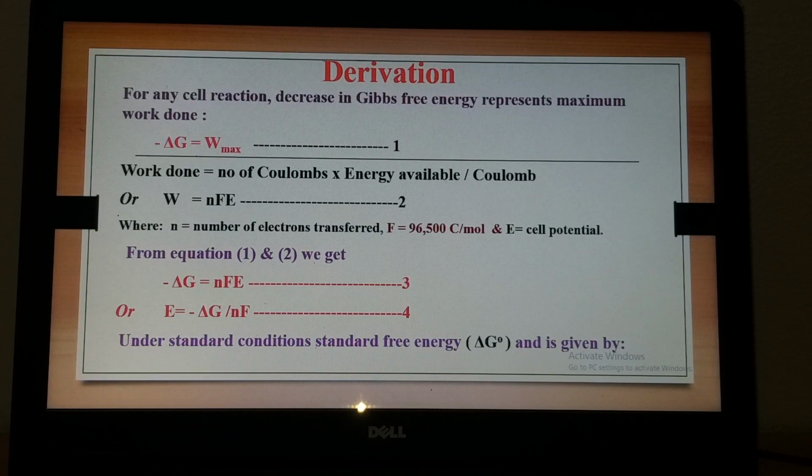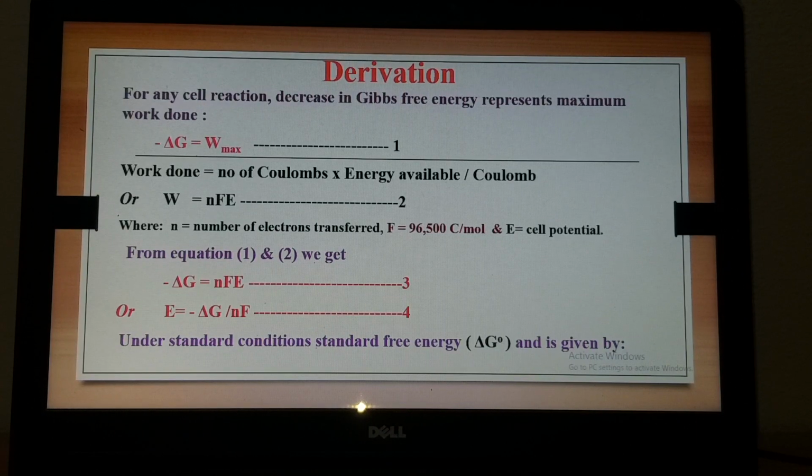So we can write W is equal to nFE, where n is the number of electrons transferred during the reaction, F is Faraday's constant and is equal to 96,500 coulombs per mole, and E is the cell potential. So from equations 1 and 2 we get minus delta G is equal to nFE, or we can say E is equal to minus delta G by nF.